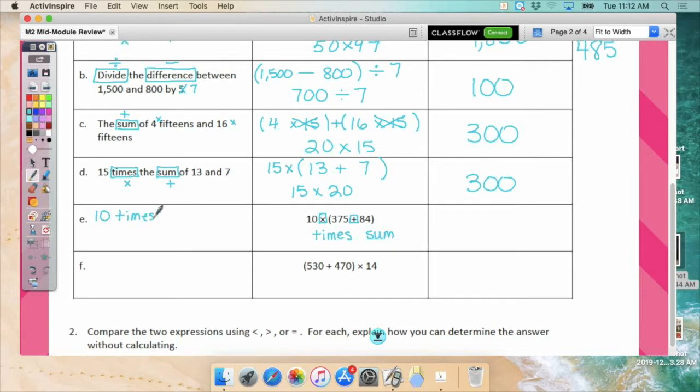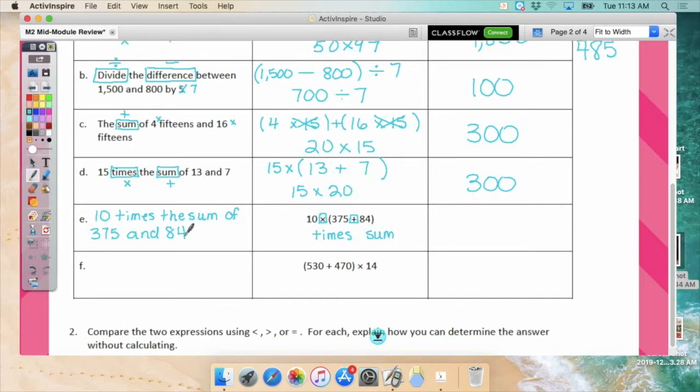Copy from up above on your paper. 10 times the sum of, and then we don't have 13 and 7 this time. What do we have? 375 and 84. 375. Whoops. Almost wrote a plus sign. And 84. So that was kind of clever that we could just copy it down, wasn't it?